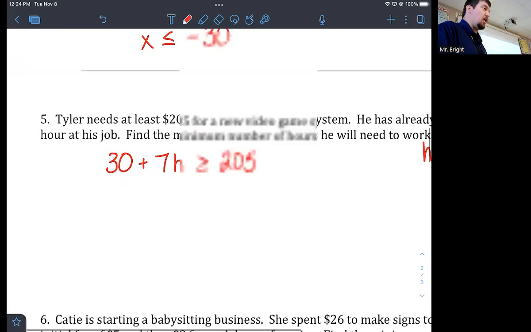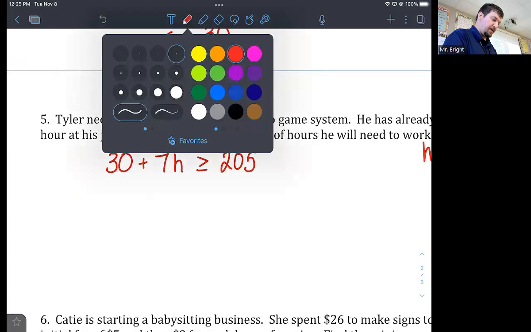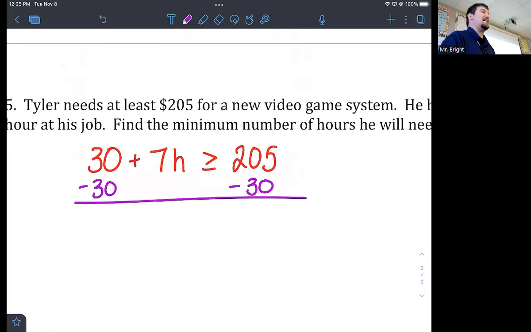So now I need to solve for H. So Blaine, do I get rid of the 30 or the 7 first? How do I get rid of the 30? All right, so if you subtract 30, essentially what you're doing is you're taking away the $30 that he already has put away. What's 205 minus 30, Blaine?